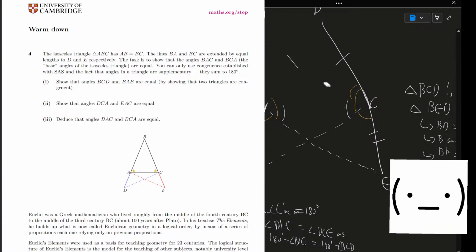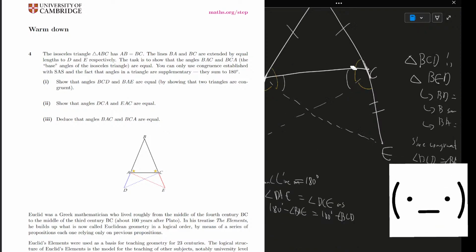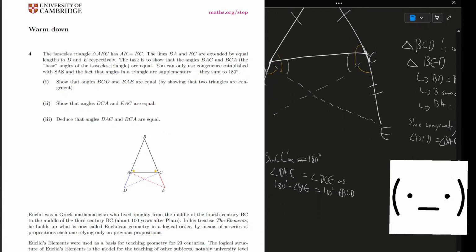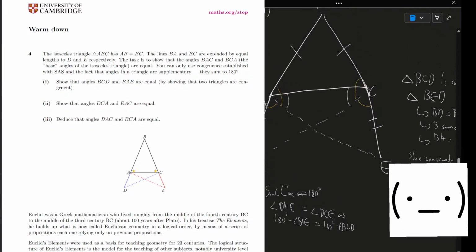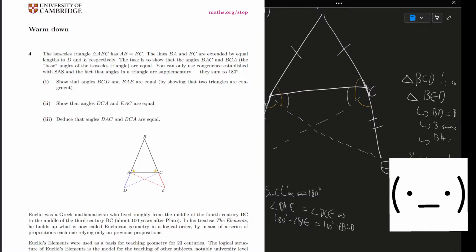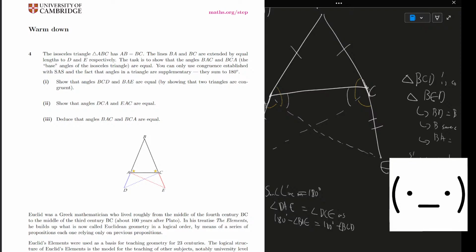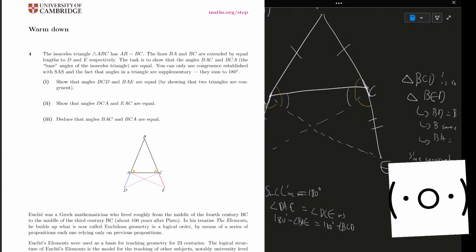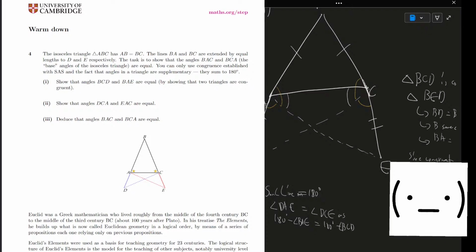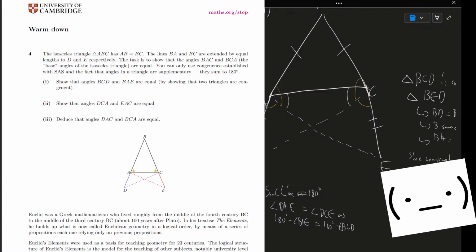That actually comes later. It'd be easy enough to prove congruence, but the thing is, you need to prove congruence using SAS only. That really does not give us many options.